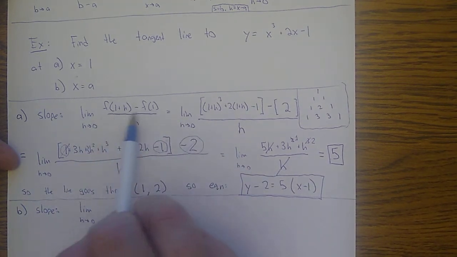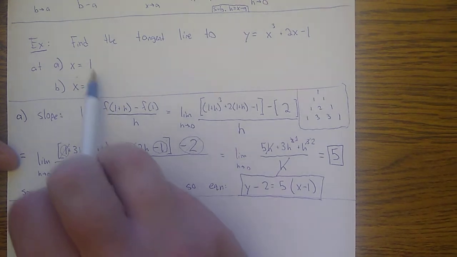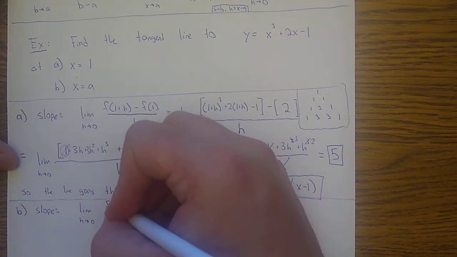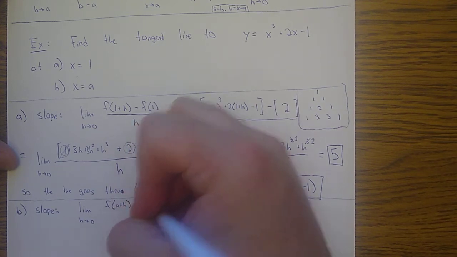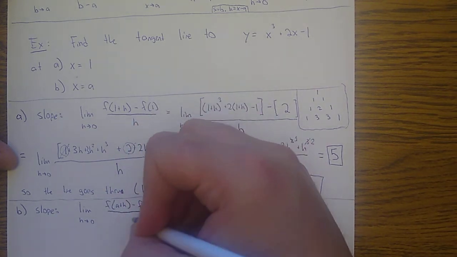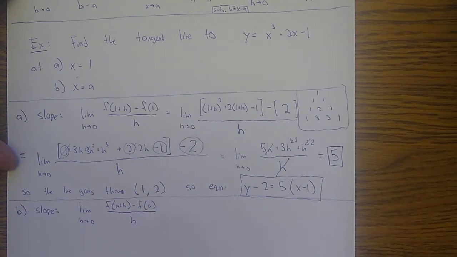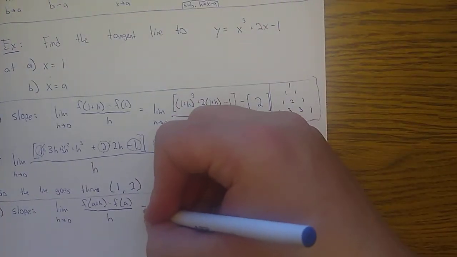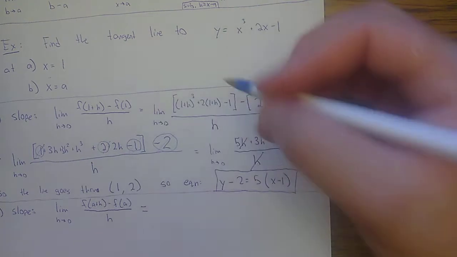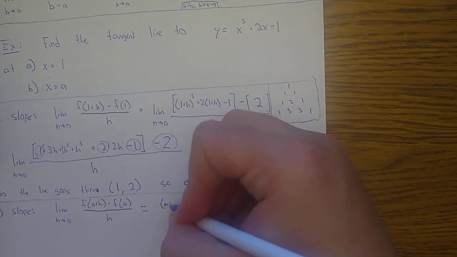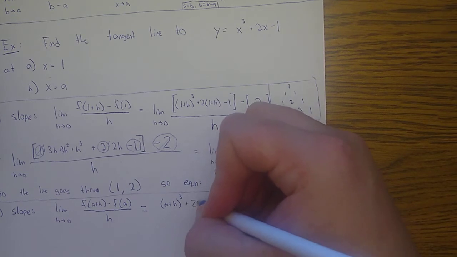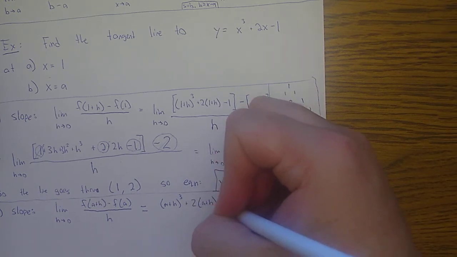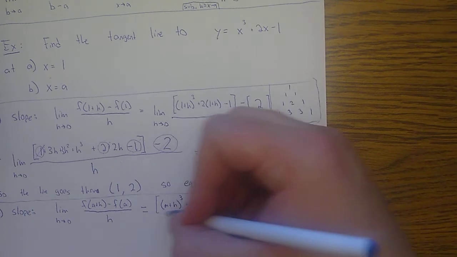I'll do this the same way, except instead of 1s I have a's. So it's like that. I will plug it in, so that's a plus h cubed plus 2a plus h minus 1.